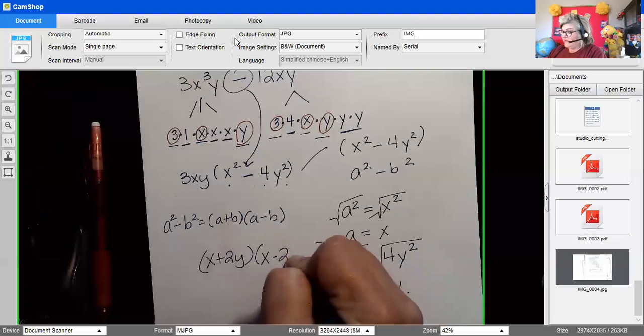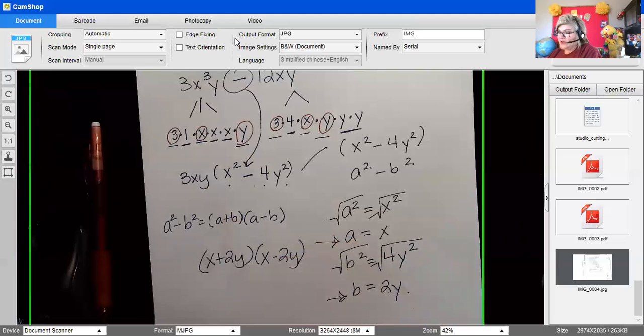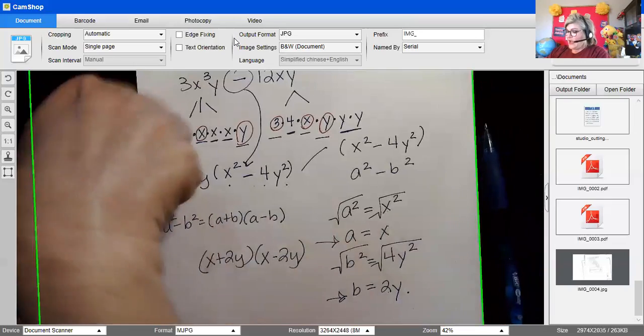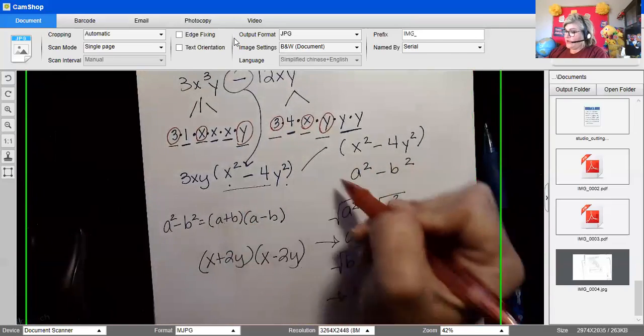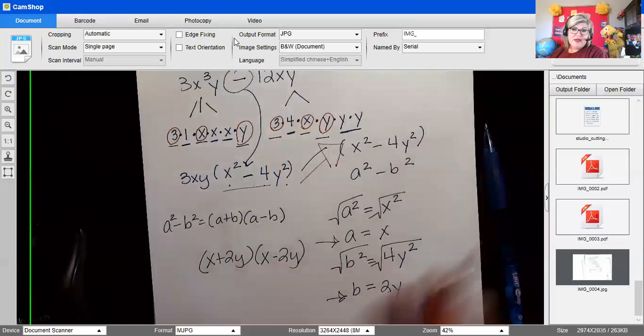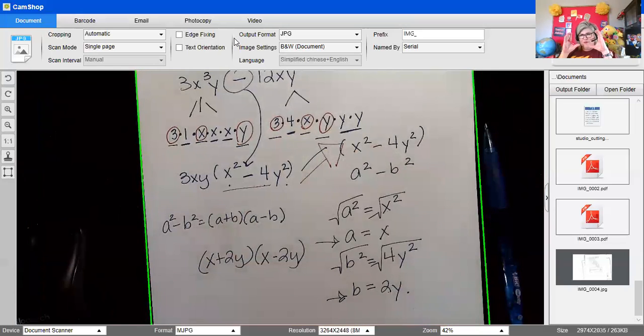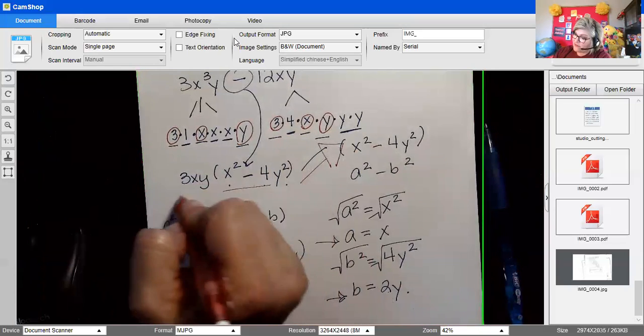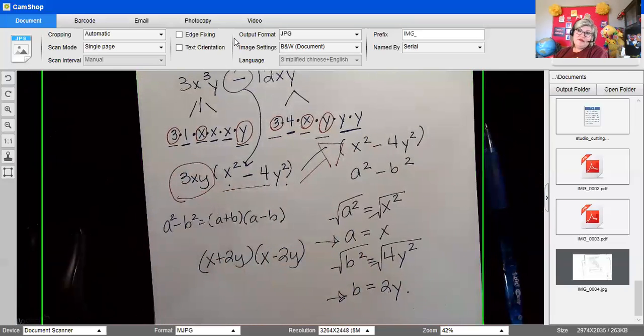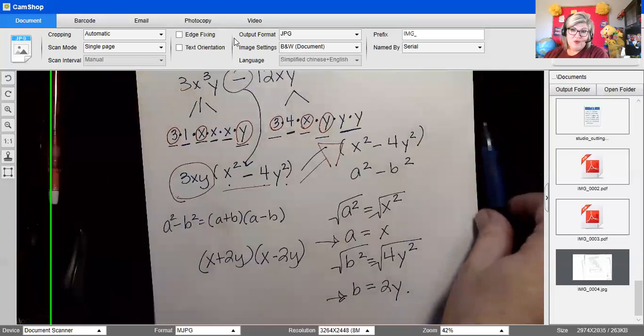But there's one very important thing that you need to always remember when you're factoring out. I took this piece out and put it up here just to make it easier to deal with just that piece. But I can't forget the piece that I factored out. Very important, very important, very important.